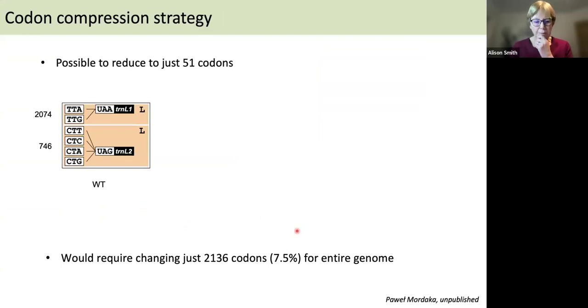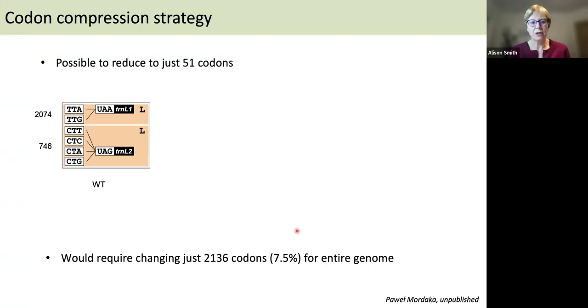So what Pavel did was to take advantage of these observations and come up with a codon compression strategy that enabled, in principle, the Chlamydomonas genome to be reduced to just 51 codons out of the 64.